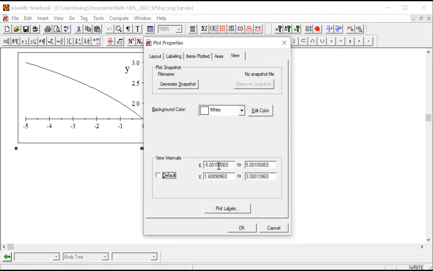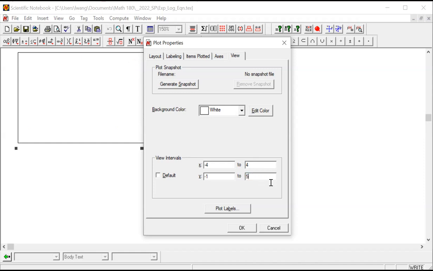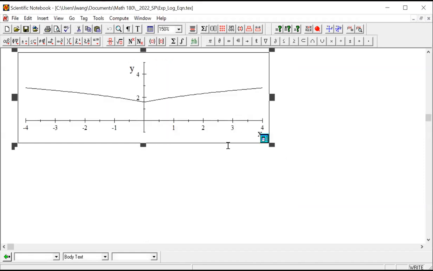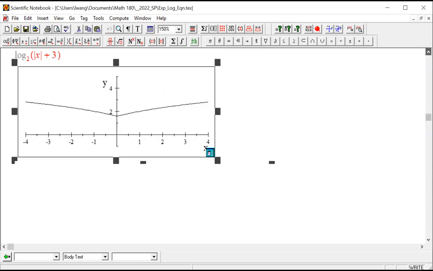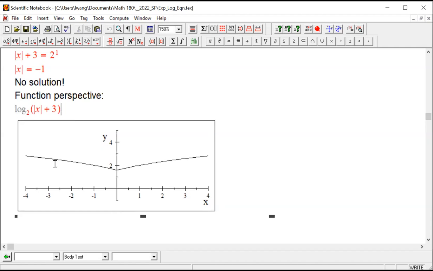So when I was a student, we actually didn't see this perspective. We just did it the algebraic way. So here, let's make it 5. This is the picture. You can see the picture for that one is everywhere.